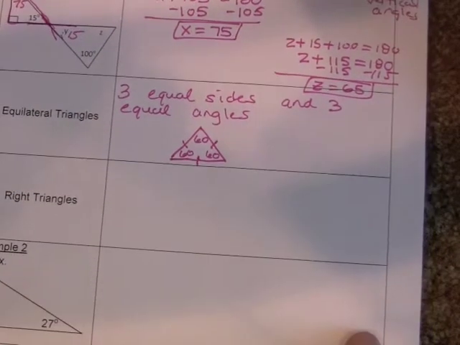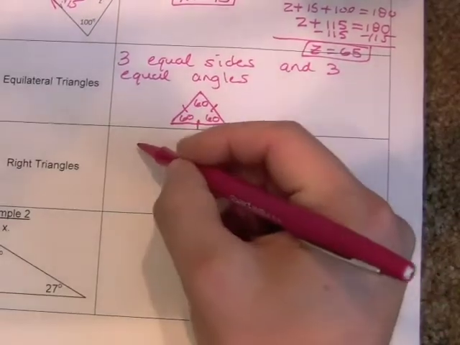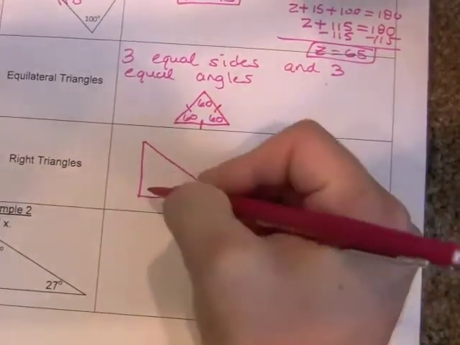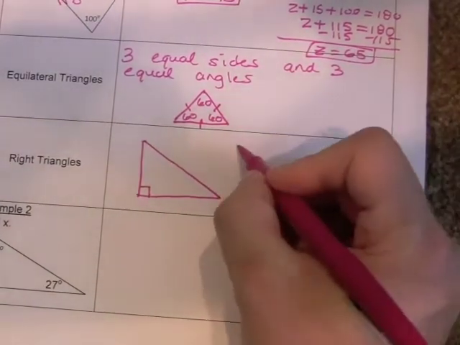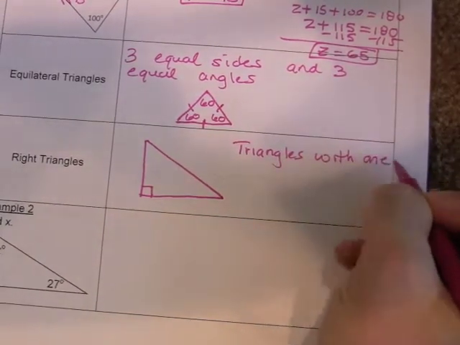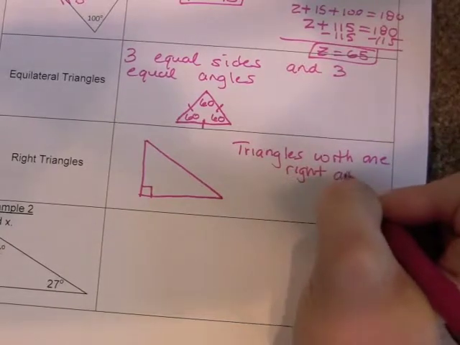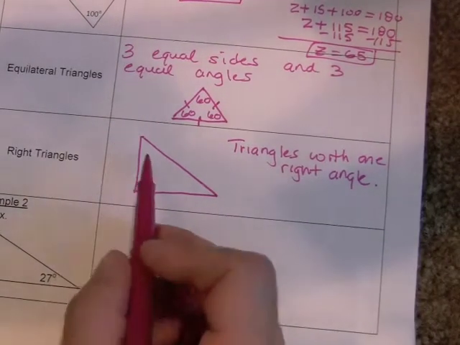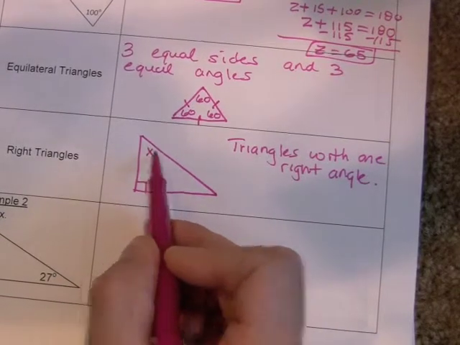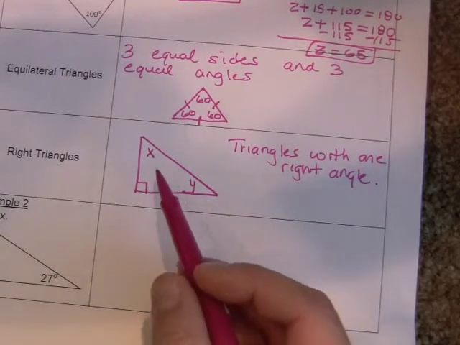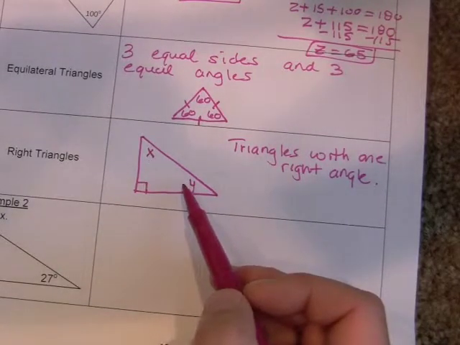Right triangles are triangles that have one right angle. And we learned also that if this is a right angle, these two angles here, call this x and this y, x and y will have to be acute because the three angles here will add up to 180 degrees.